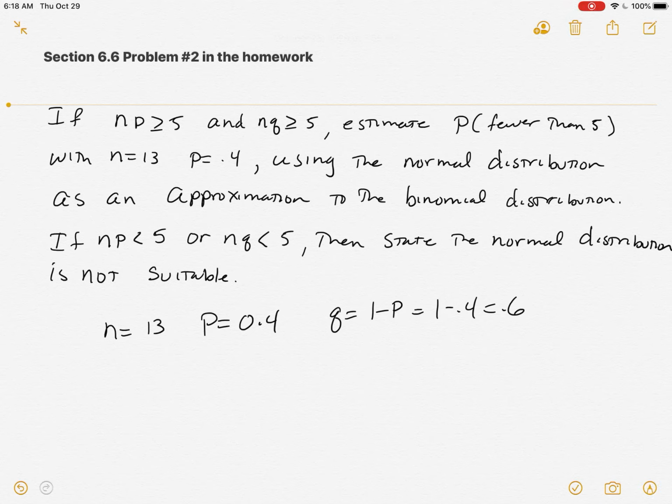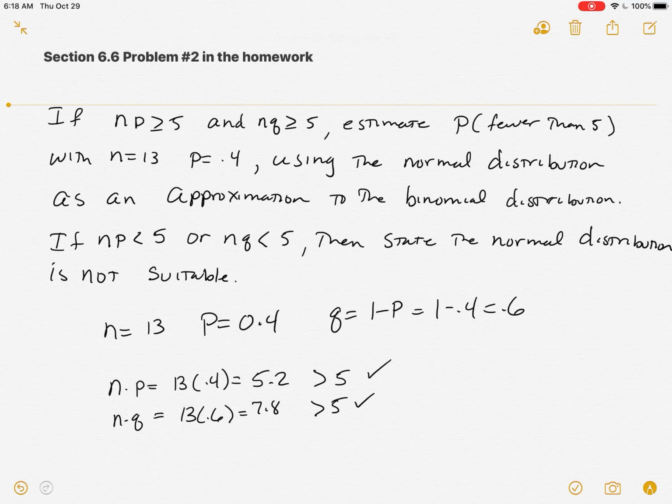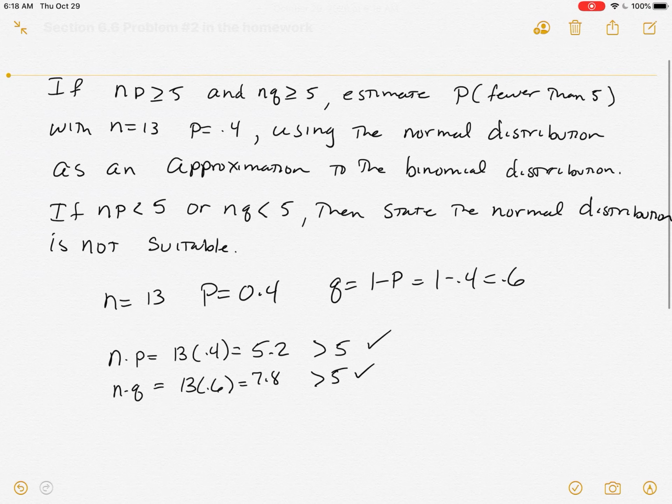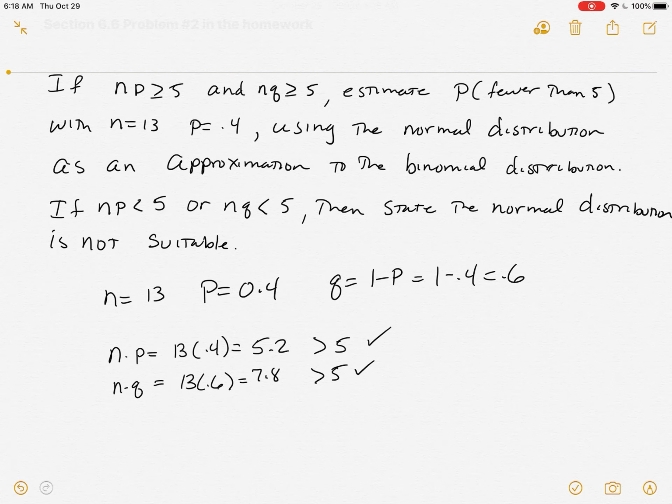So if we look at n times p, that is 13 times 0.4, which is equal to 5.2, which is greater than 5, so it's checking out there. N times q is equal to 13 times 0.6. Probably don't need to try this, it's going to be higher, but just to illustrate, this was 7.8, and that's bigger than 5, so we're good to go. We can use the normal distribution as an approximation to the binomial.